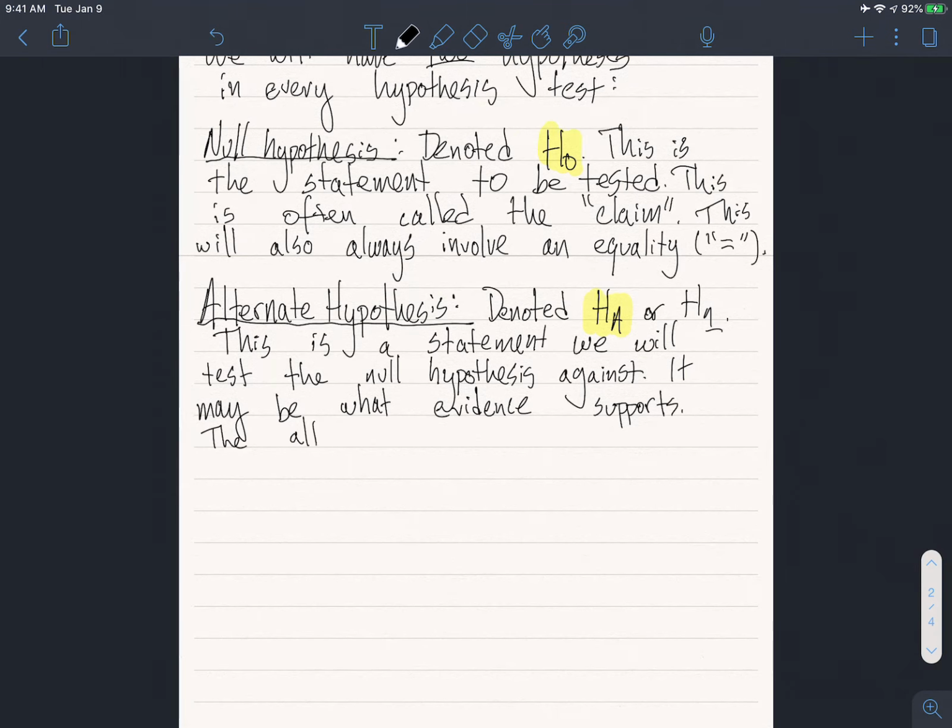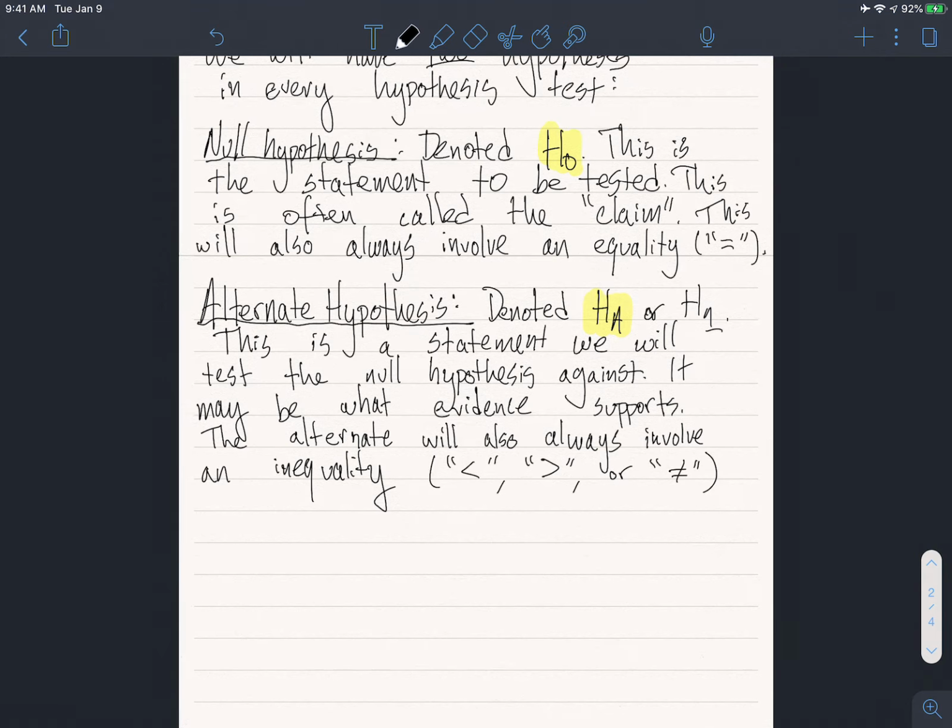The alternate will also always involve an inequality. So the null hypothesis always involves an equality, and the alternate will involve an inequality, which in math could be less than, greater than, or not equal to. Those are the three inequalities we'll talk about.